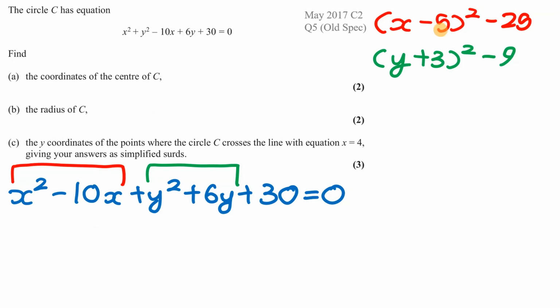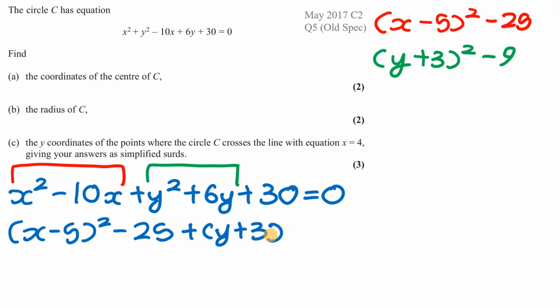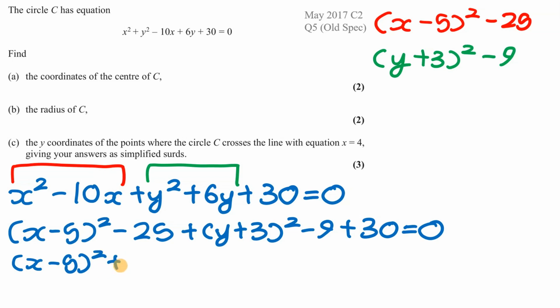So if we write it using this format, it's going to be x minus 5 squared minus 25 plus y plus 3 squared minus 9, and remember this plus 30 on the end, and this is equal to 0. We can simplify this: x minus 5 squared plus y plus 3 squared, minus 25 minus 9 plus 30.